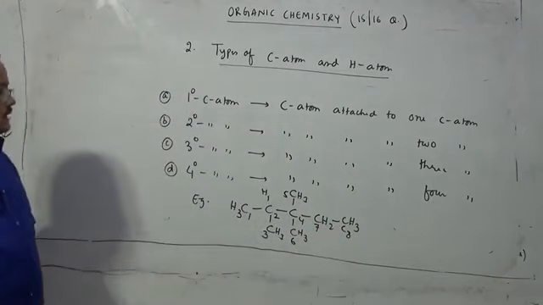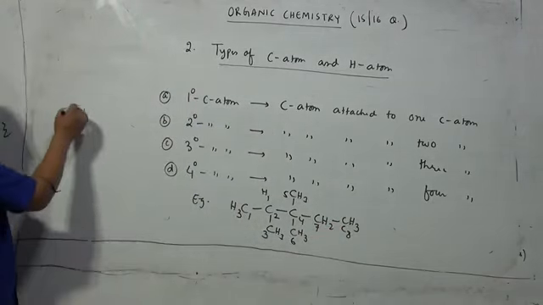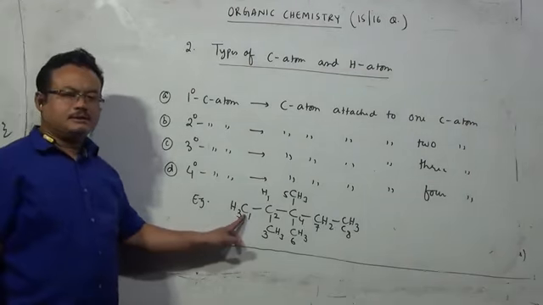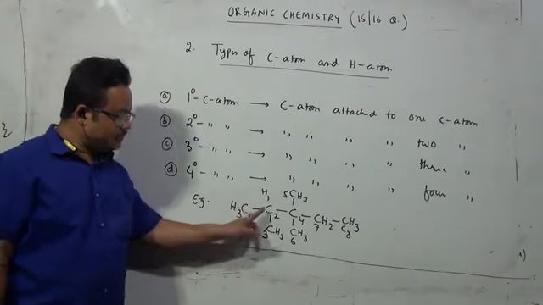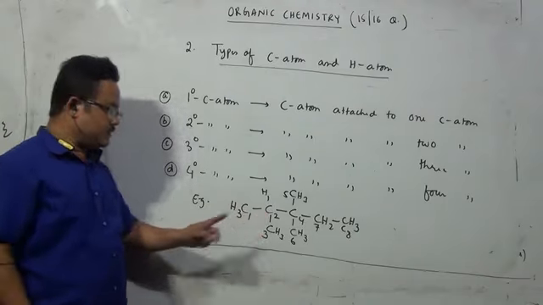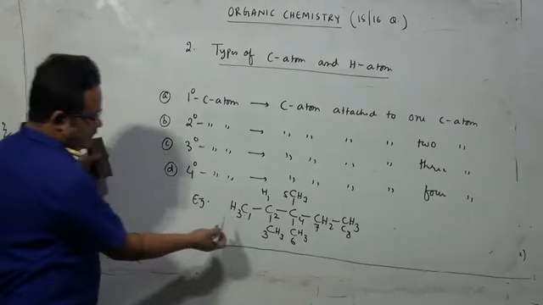Let us find out the types of the carbon here. Carbon number 1 is primary because it is attached to only one carbon.